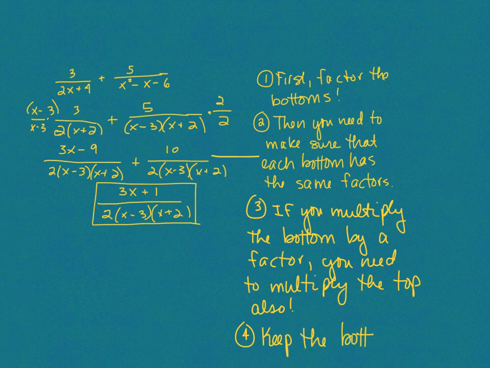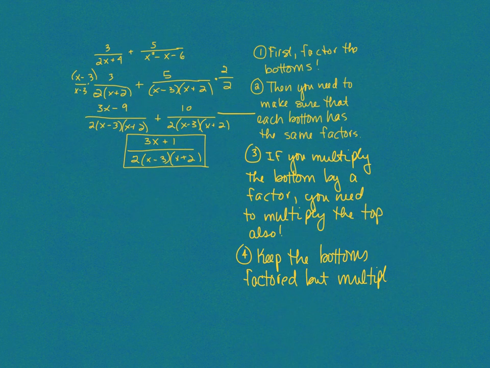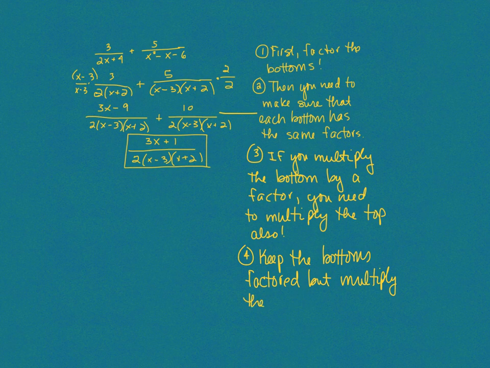Number 4, you'll notice that we keep the bottom in factored form, but you end up distributing on the top. We multiply on the top.